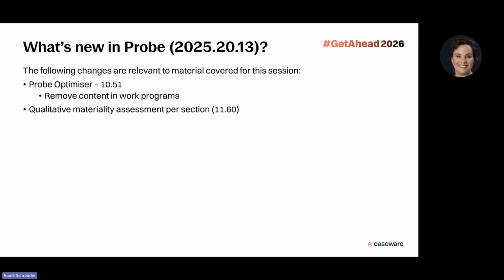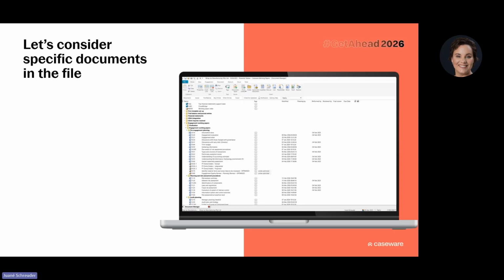But in the past, as with related parties and commitments and contingencies, some of those disclosure points we could mark as qualitatively material. We now have the option to also mark another section, PPE, cash and cash equivalents, any of those sections, as qualitatively material, even if it is not quantitatively material. So those are the two points that I'm going to show you.